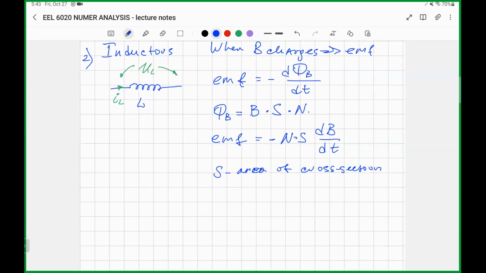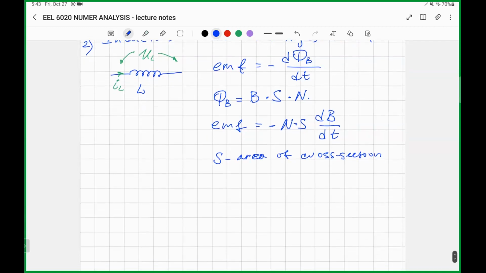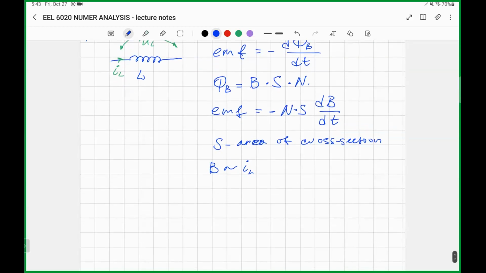And magnetic field in its turn depends on the value of the current, of course. This is also something that we very well know. The magnetic field is proportional to the value of the current.